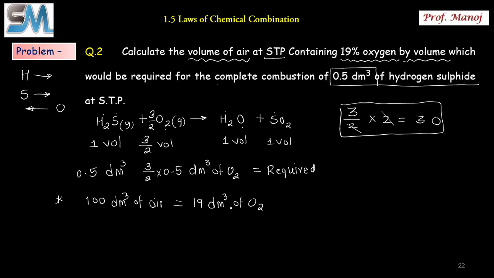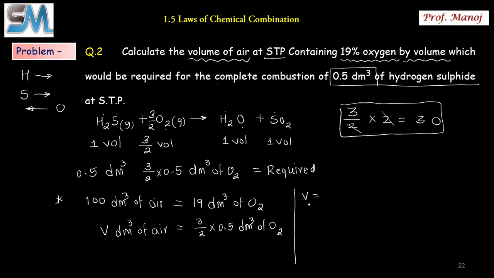How much oxygen do I need actually? 3 by 2 into 0.5 dm³ I need. So for getting such amount of oxygen, how much dm³ of air I must have taken?